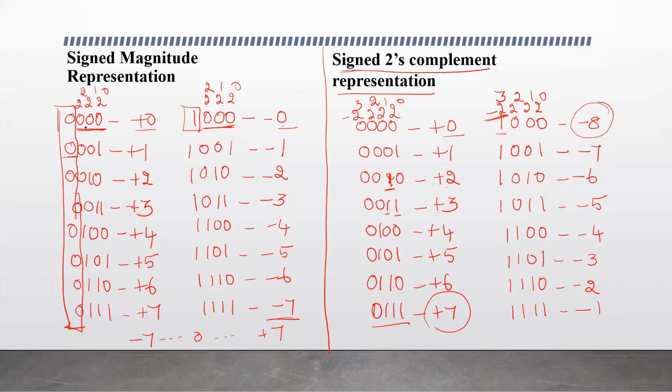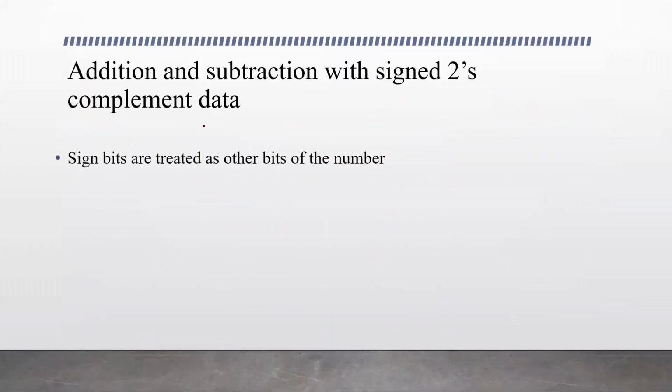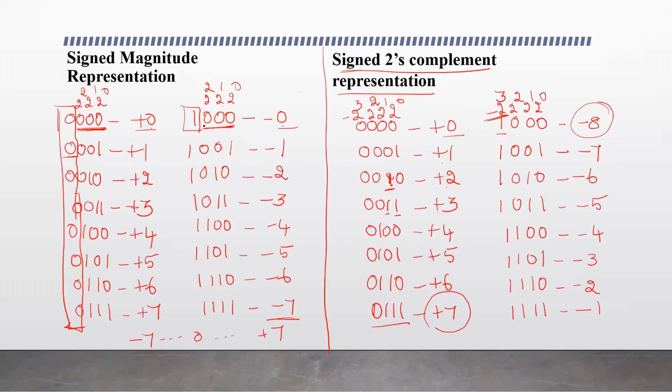If you see, the magnitude 0 0 0 represents 0, and the same number is represented twice, with only the sign bit differing. So for every number there are two representations in sign magnitude. If you take 4, it is 0 1 0 0, and here also 1 1 0 0, but it is plus 4 as the sign bit is 0, and as the sign bit is 1, the decimal representation is minus 4. So plus 4 and minus 4 are different.